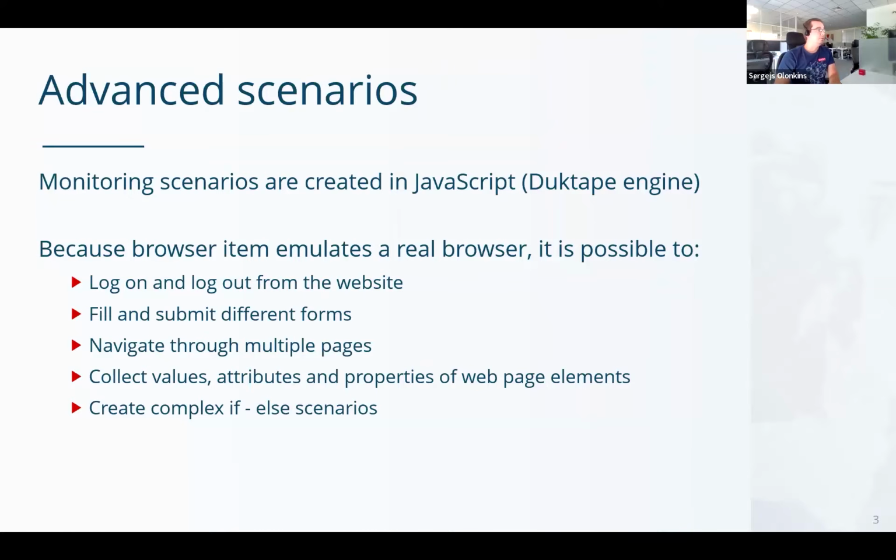This allows you to simulate various scenarios, starting from user login and logout from their account, for example, also filling data into different forms and submitting them, navigating through various paths through your web page, collecting values from different page elements, collecting attributes, properties, etc. This also allows you to create more complex scenarios, the behavior of which changes based on the data available on your web page, using if-else scenarios.